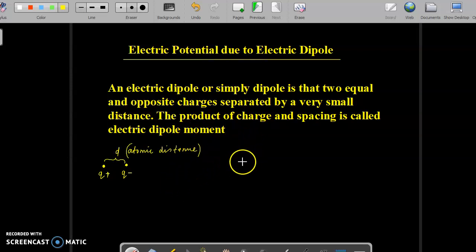Let us take an example of hydrogen chloride. They have a covalent bond. Hydrogen has one electron, and chlorine needs another electron to fulfill the octet rule. So hydrogen and chlorine will share the electron. They will share one electron.